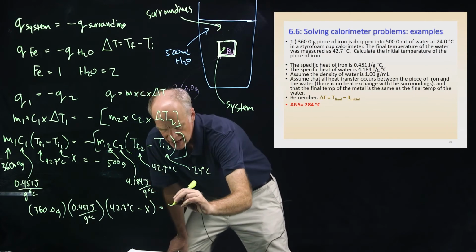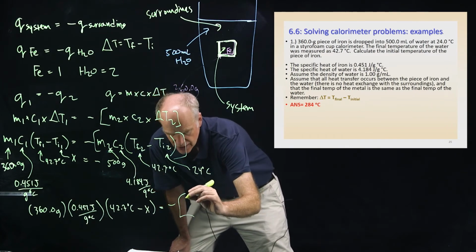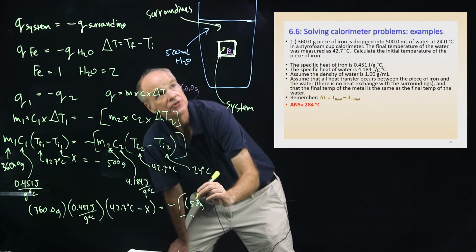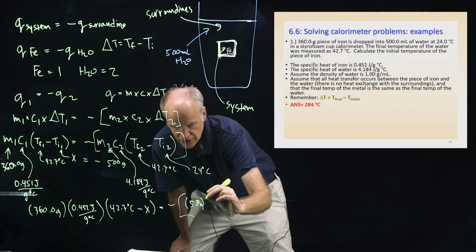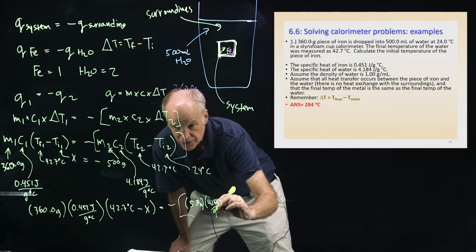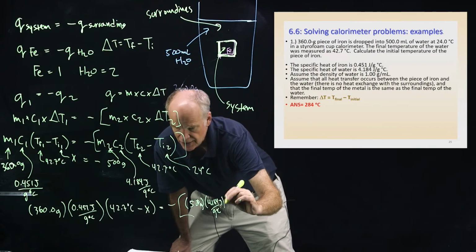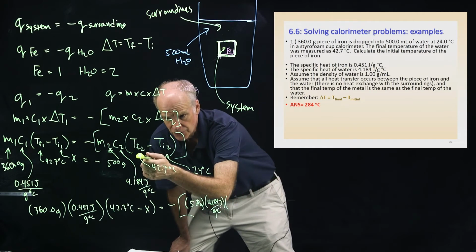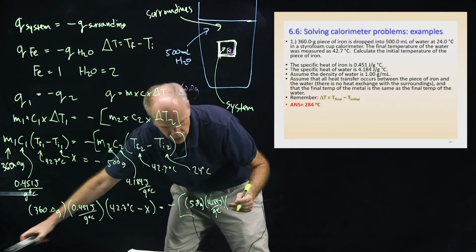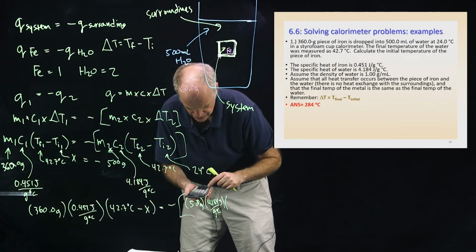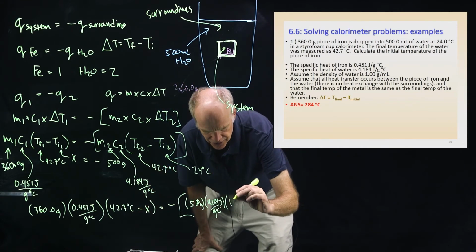And then it's equal to negative, and then in brackets, M2, which is 500 grams, times C2, which is 4.184 joules over grams degrees Celsius. And then the temperatures are 42.7 minus 24. So actually you can put in that temperature change if you want. So it's going to be 42.7 minus 24.0, and I get 18.7 degrees Celsius.